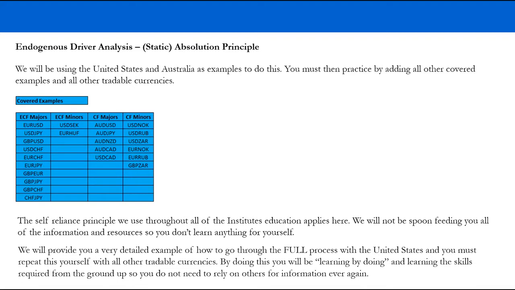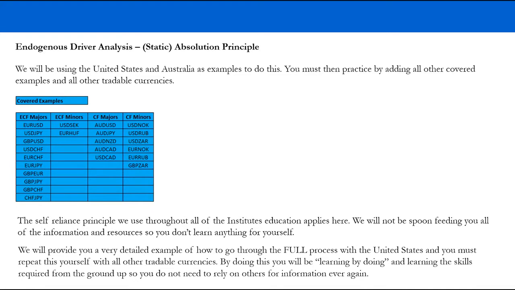So in terms of the US and Australia, it will be a very, very detailed example of how to go through the full process. So going through the United States initially, and also going through Australia. But going through this process is very, very detailed.